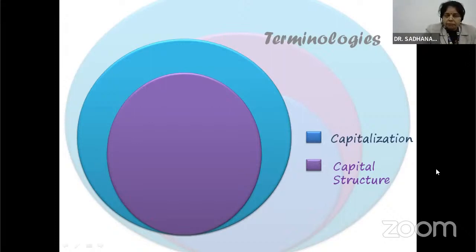Generally, we all know that there are two types of capital: own capital and borrowed capital. Own capital is generally related to the equity shareholders, reserves and surpluses. Borrowed capital is also known as loan capital.